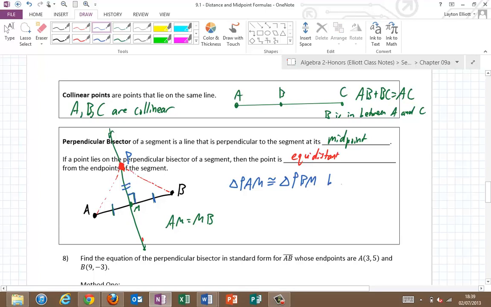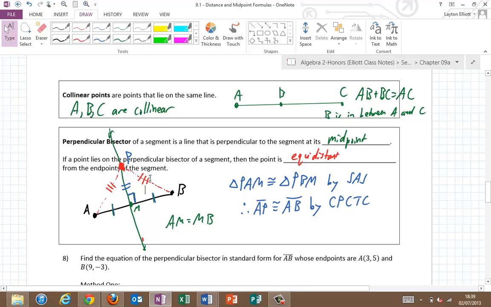And that's true by side angle side. Which then means, in geometry terms, that line segment AP has to be congruent to line segment BP by corresponding parts of congruent triangles are congruent. So however you see it, we kind of know that these distances are the same.